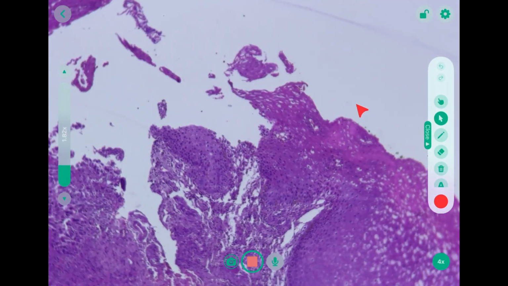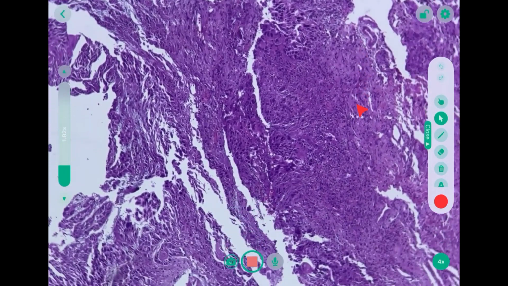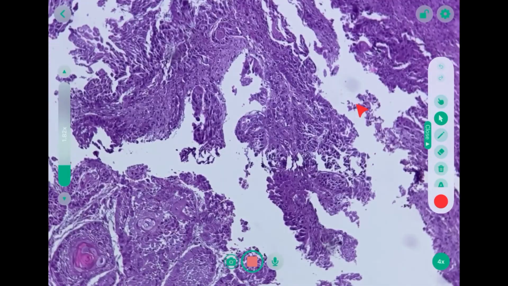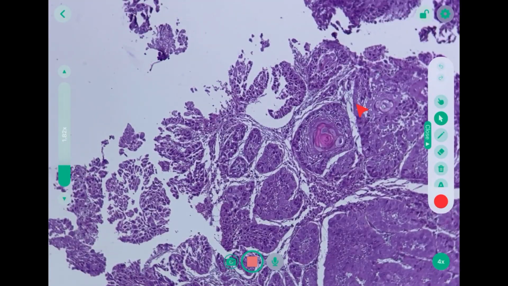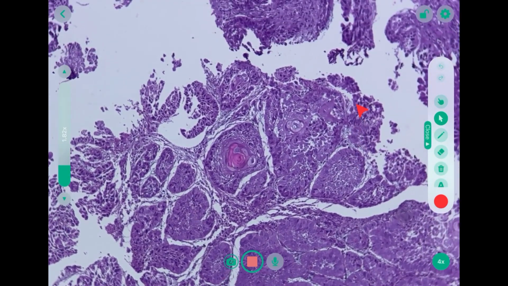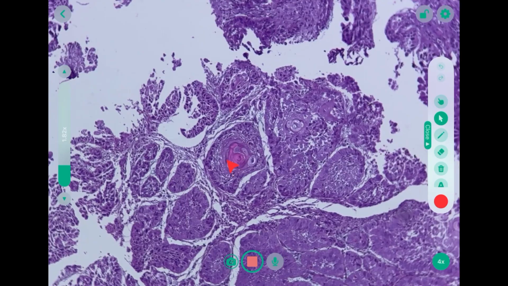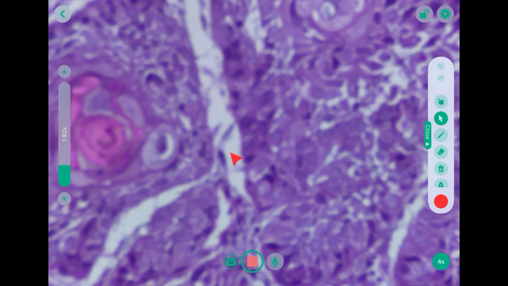So in the subepithelium we can see these tumor cells. The tumor cells are mostly arranged in nests and lobules. We can see these nests and lobules, and we can see these keratin pearls. So there is maturation, meaning they are differentiating.